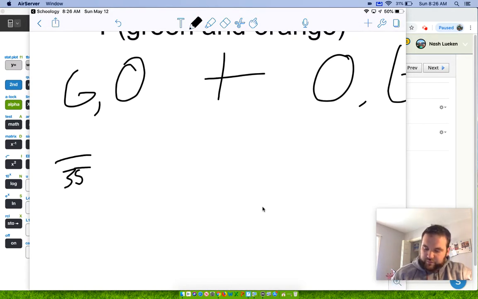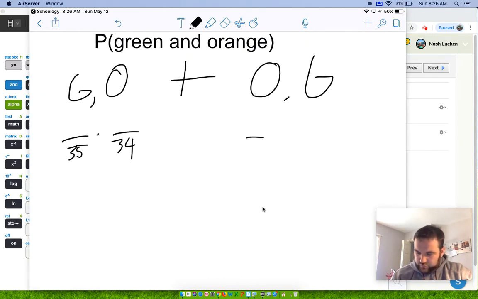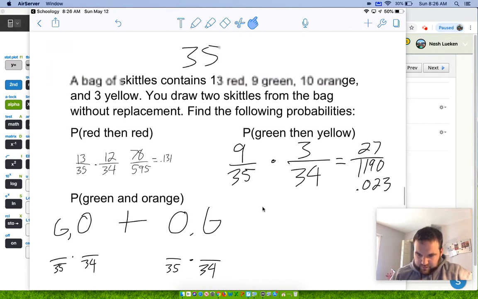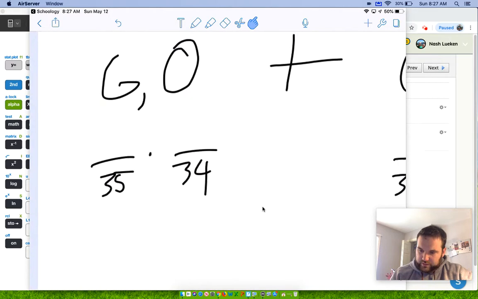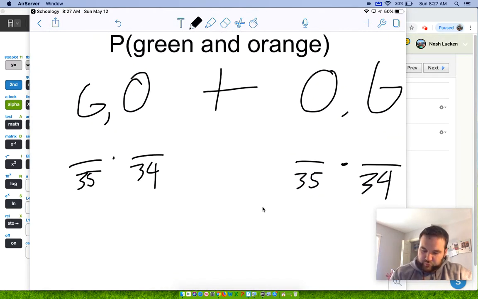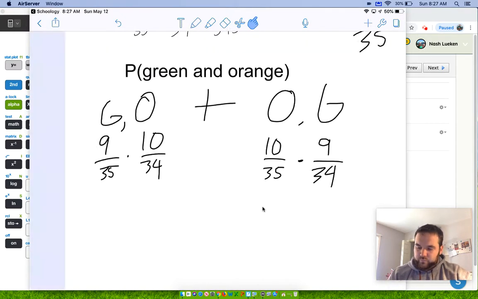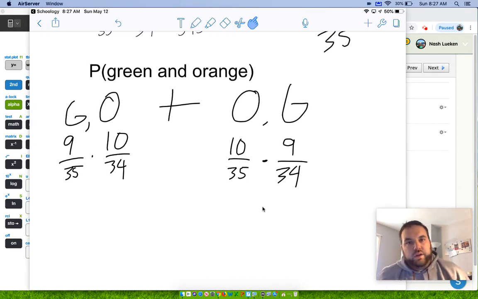So if I'm going to go green first and then orange second, versus orange first and green second, as you can imagine, these are going to be the same answer individually because all that we're changing is the order of the numerators. But that doesn't really matter, since either way, when you multiply those fractions together, you would have 90 over whatever 35 times 34 is.